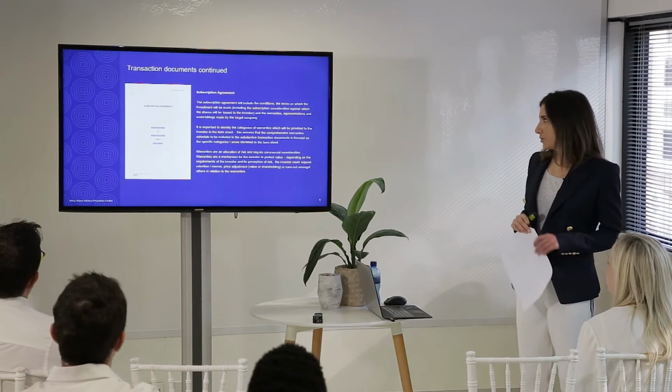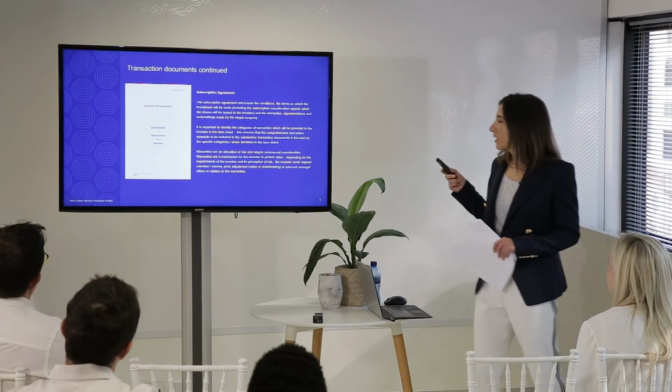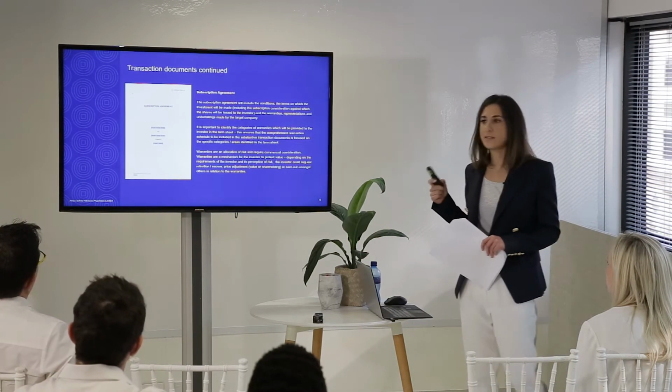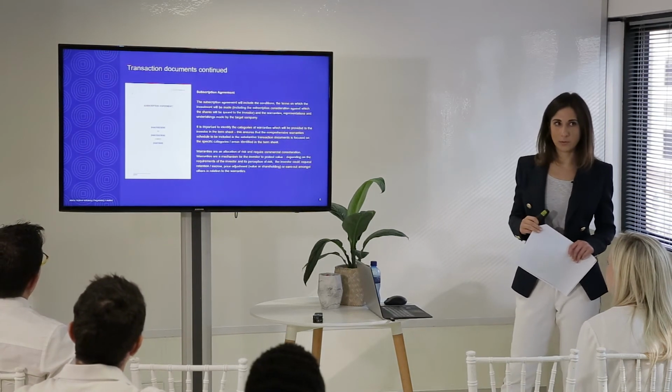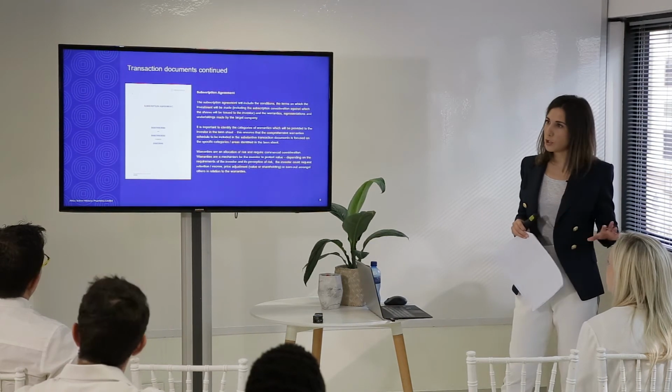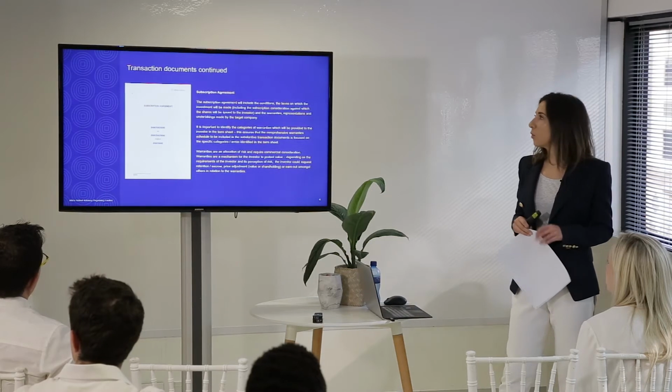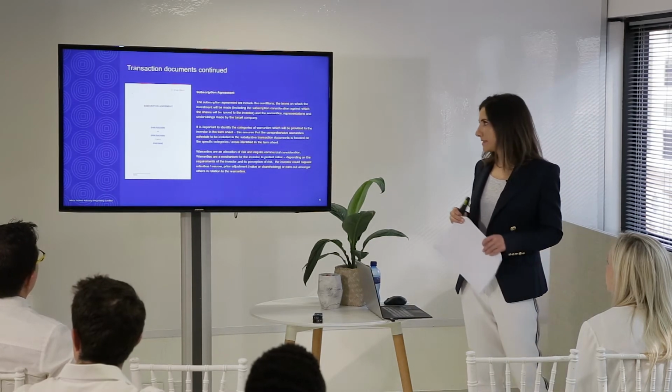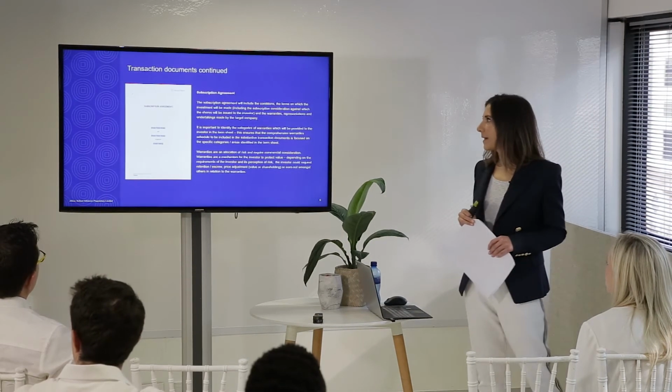So a subscription agreement, right? As I said, it contains the conditions, it contains the terms on which the investment will be made. So the subscription agreement will set out your subscription consideration, your warranties, your representations, your undertakings, and basically the terms that will enable the investments.